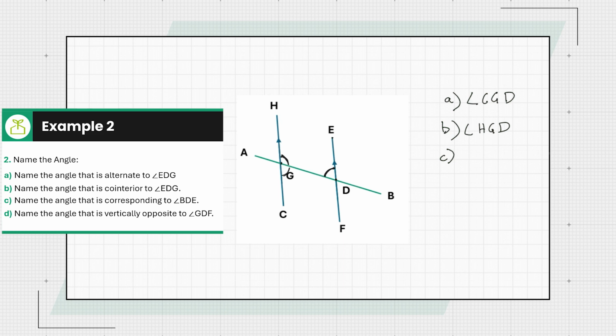Alright, name the angle that is corresponding to BDE. So BDE is going to be starting at B, going to D, and then going to E. So it's going to be this angle here in red. And we want the corresponding one, so in the same position, but just at different intersections. So that's going to be, again, the same angle over here. So that's going to be the angle HGD.